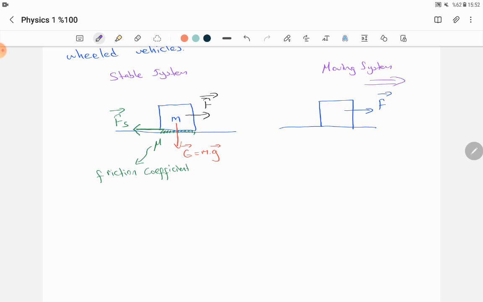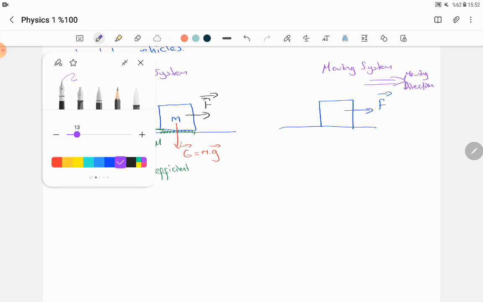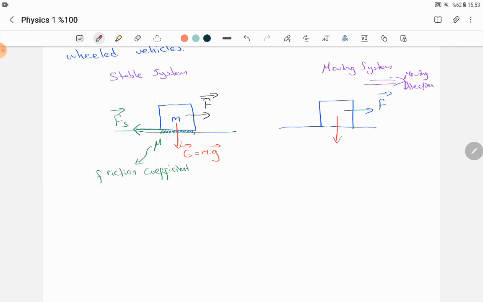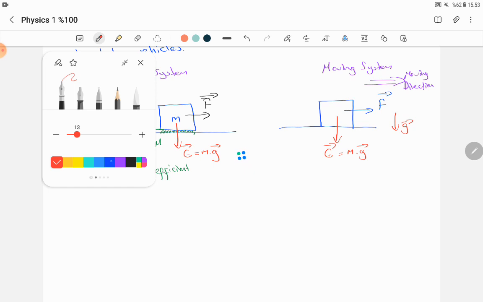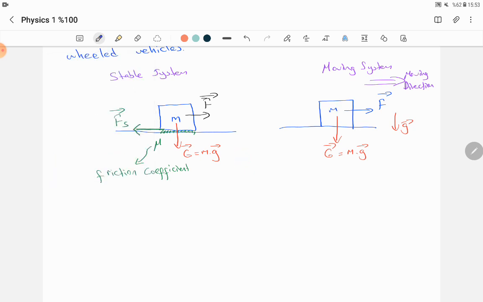The gravitational force is in the same direction as the gravitational acceleration, and we can find the gravitational force from the mass and the gravitational acceleration. Our object mass is m here.